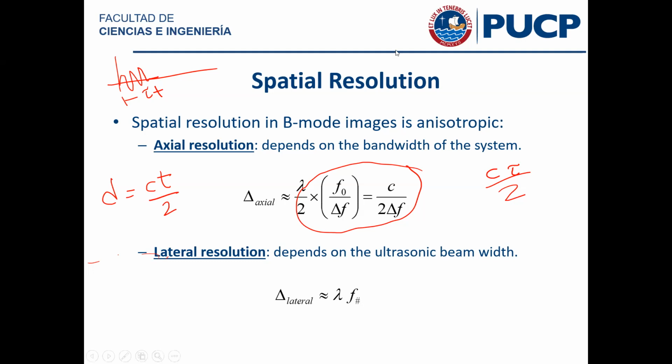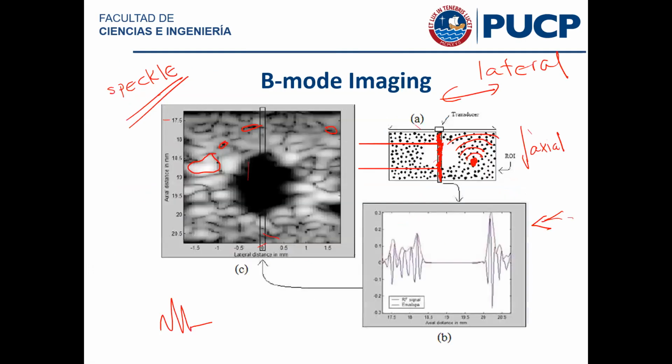Okay. And then we have the lateral resolution, which depends on the ultrasonic beam width. What is the beam width? It's the width of that red thing that I just showed in there, right?